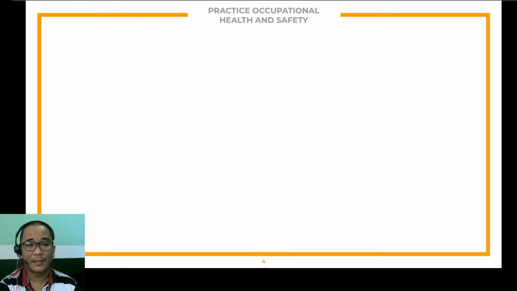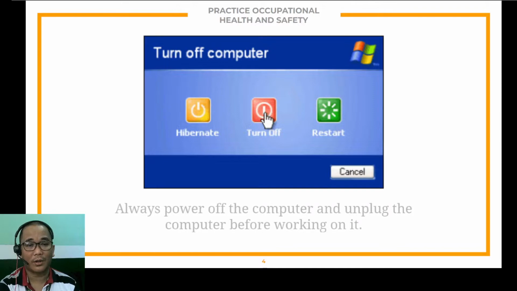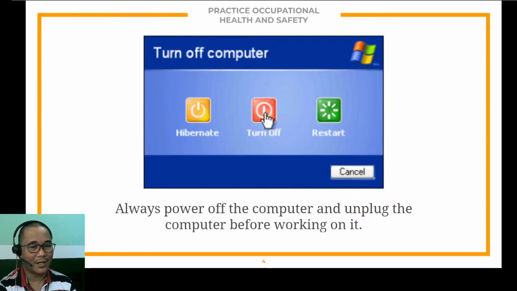The next one is, always turn off the computer and unplug the computer before working on it if you do not want to be shocked by the electrical current within the computer. Even though it is only a low voltage inside the computer, it can still shock your body.